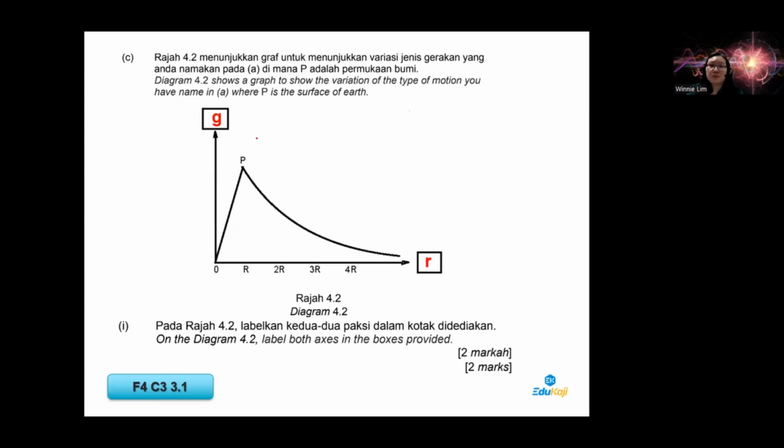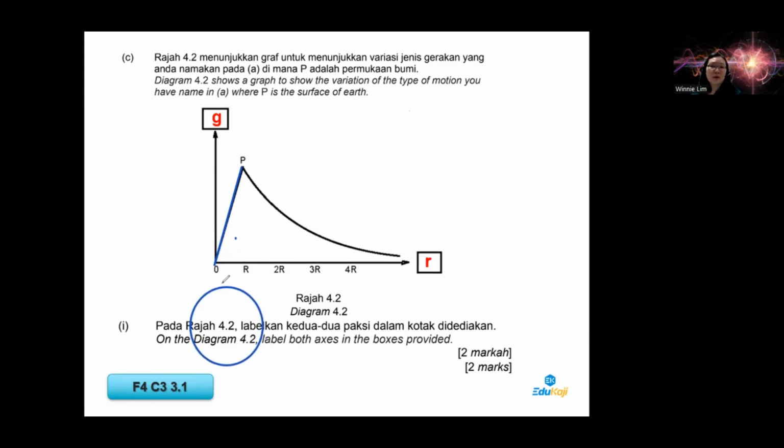Okay, if you look at this graph, basically in this beginning part the relationship is directly proportional. If the teacher were to draw a simple diagram to represent the idea, let's say this is your Earth.